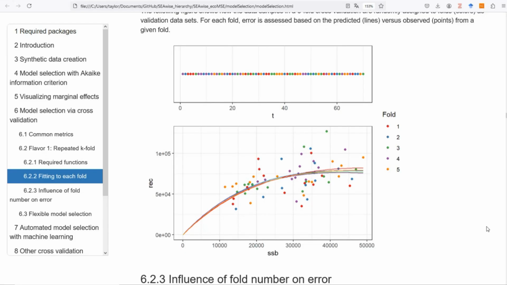This is just an example of what the model would have fit to. In the case of fold 1, all of these red points are held out for validation. It fits the model to all of the remaining points, so the orange, the blue, the green, and the purple. And then it looks at how well it's able to predict the values of the new set. If you give it the SSB from the red values, what is the prediction there?